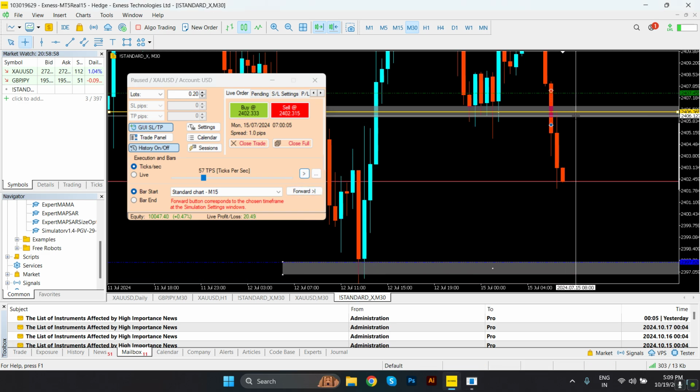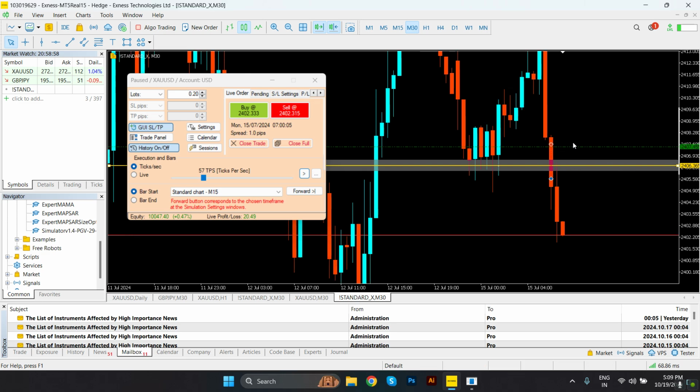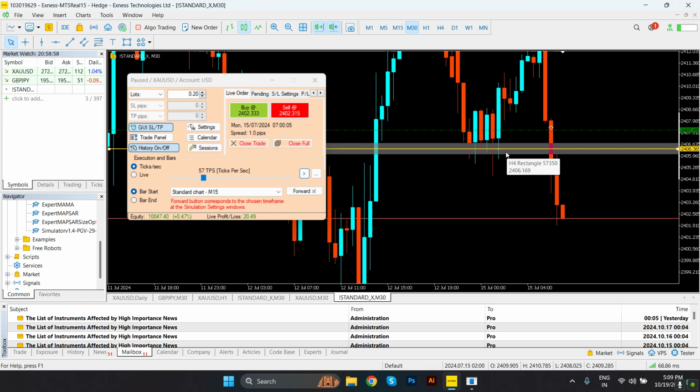Look at that. Yeah, so if we had entered over here, the stop loss would have been 19 pips. Let's just say hypothetically that I hadn't taken this entry and I had waited for the candle to break below this support, which is 2406. I would have taken entry right over here when this candle retraced. It created a top wick.